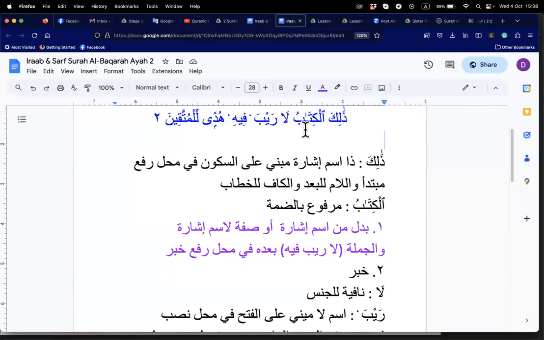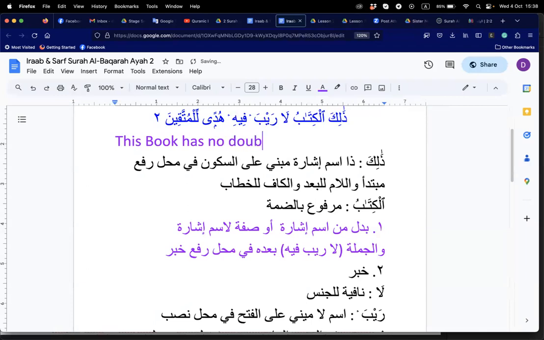So if this is a fragment, right? This book, a fragment, and then this is our khabar. This book has no doubt in it.